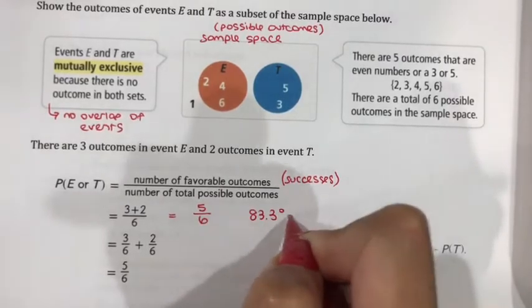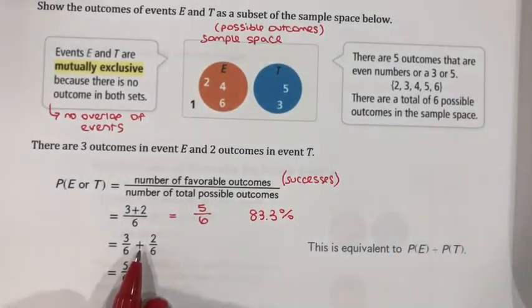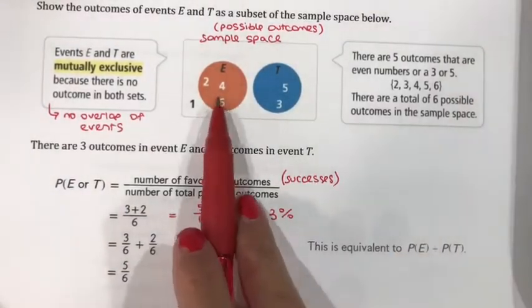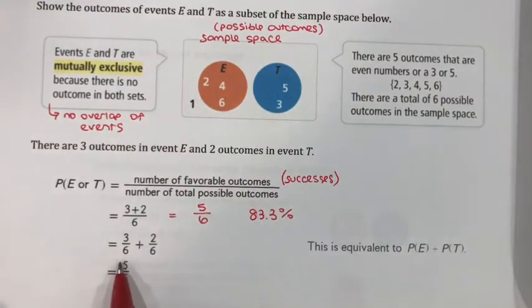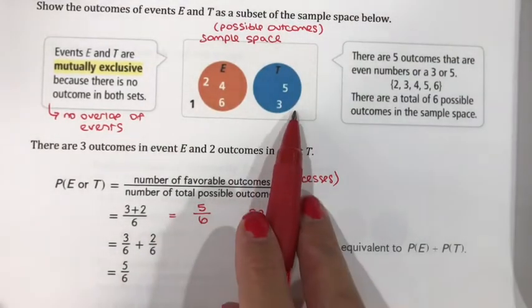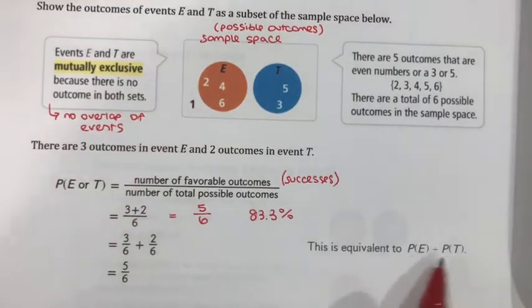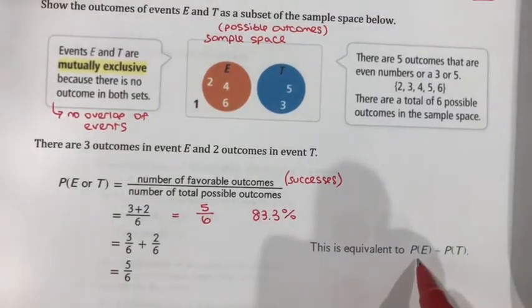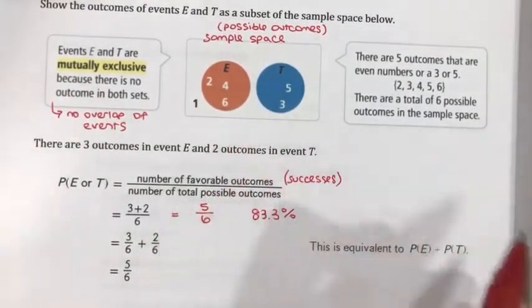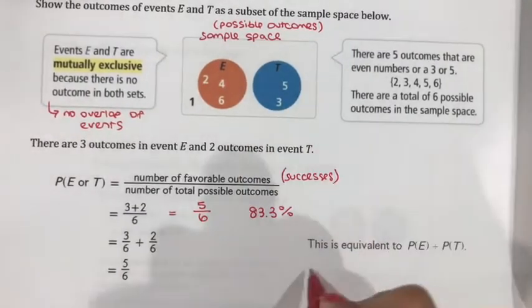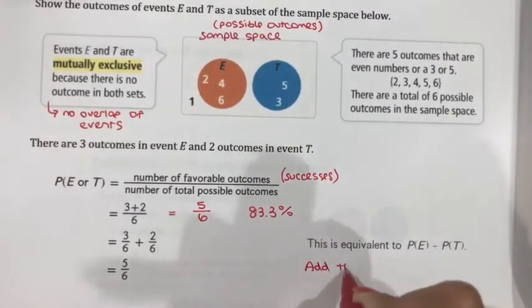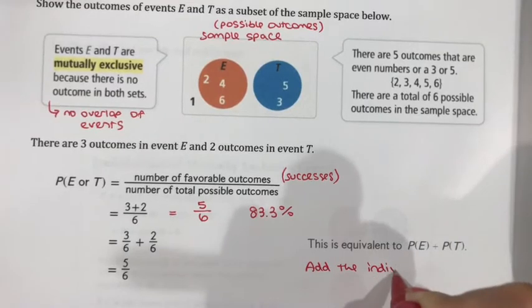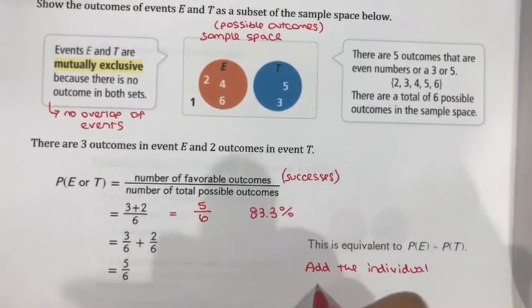But it's important for us to note the second part. That's the same as adding 3 out of 6 plus 2 out of 6. Notice you're adding together the probability of E and the probability of T. So add the individual probabilities.